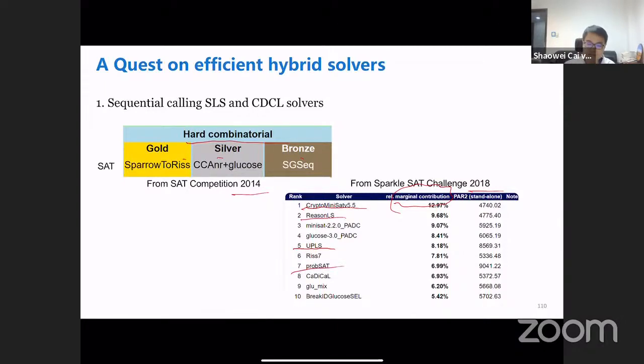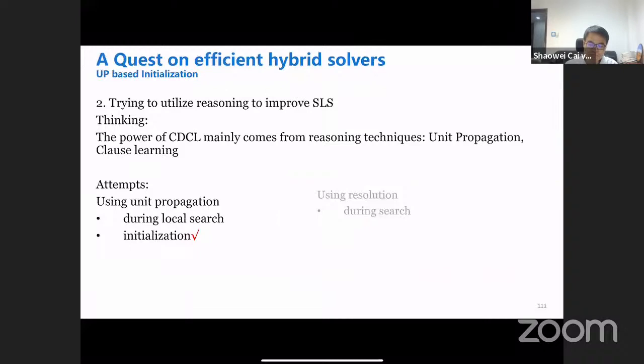So we can see that local search and CDCL become complementary on industrial benchmarks, because here all the benchmarks come from the main track. And then afterwards, I tried to combine local search and CDCL. As I can see, the conclusion is that local search and CDCL can be combined to develop more efficient solvers for industrial benchmarks.